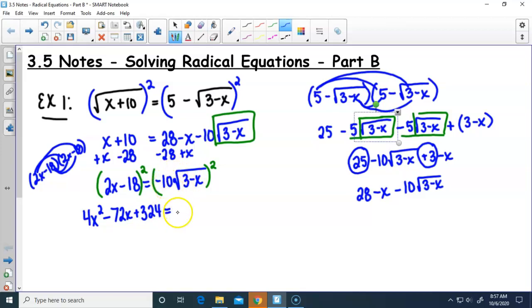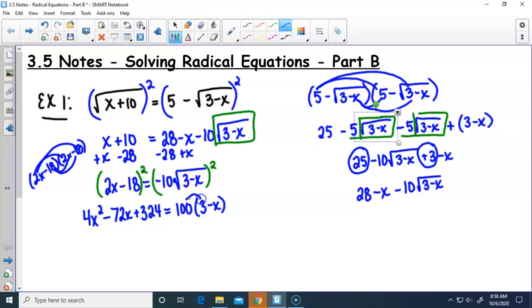So if I square negative 10, I get 100. And if I square the square root of 3 minus x, I just get 3 minus x. Make sure you keep that in parentheses there. So now, it's still looking pretty bad. I've got huge numbers, but I am down to a quadratic here, and all of my square roots are gone.